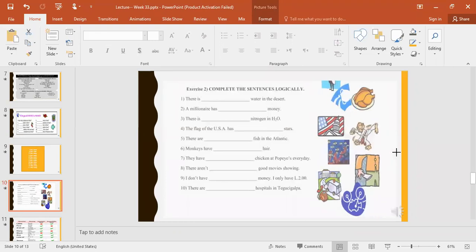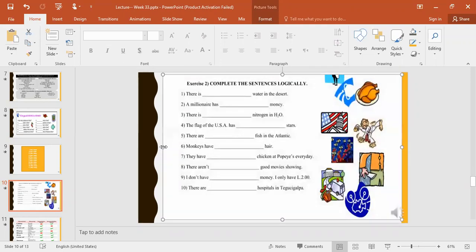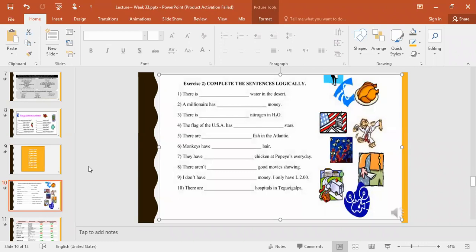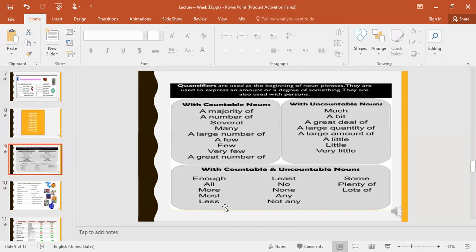Okay. Listen, guys. Now what you have to do is related to logic, based on your understanding of the things. You have 10 sentences. You have to continue these sentences using quantifiers, but logically.